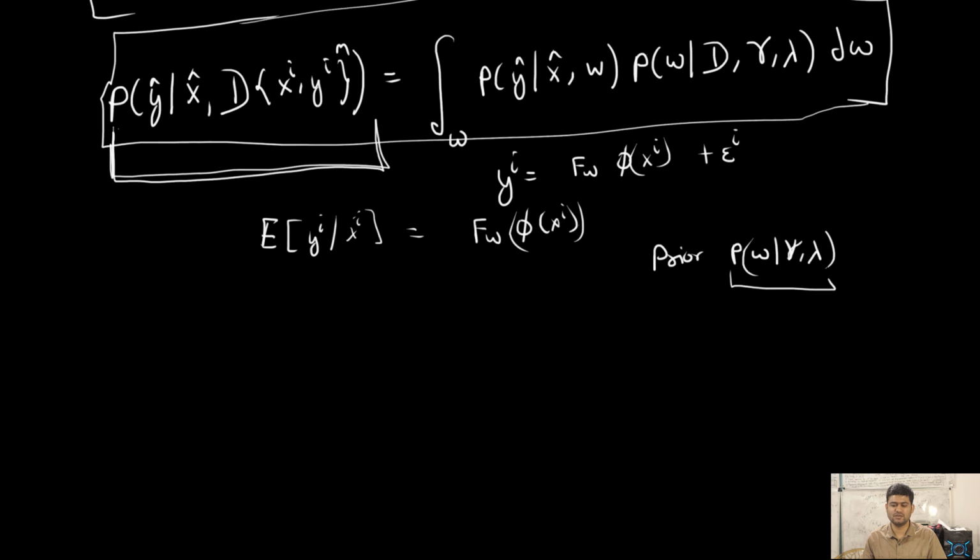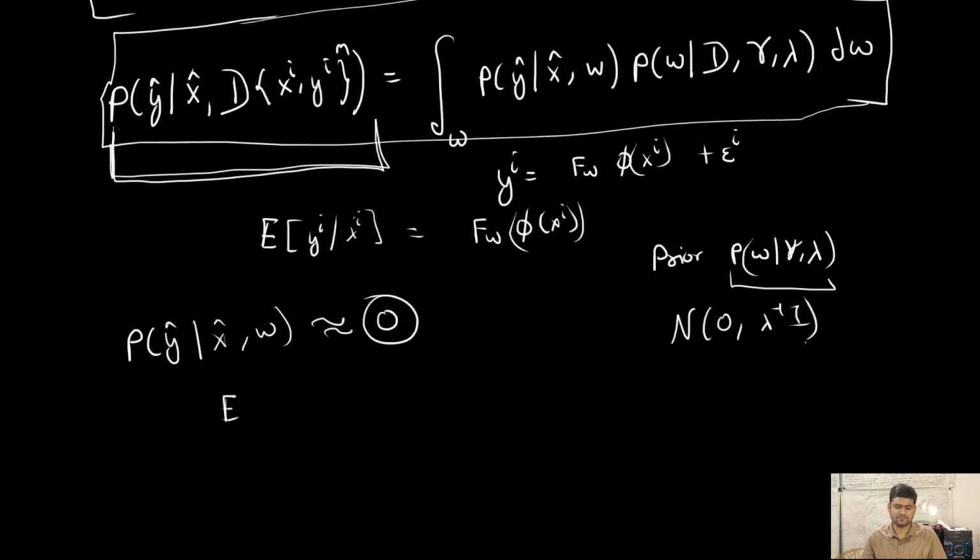Given that this is the only distribution that we have, let's assume that this is a normal distribution with mean 0 and covariance lambda inverse I. Then, if we don't provide you any data and this is the only prior information that we have, what is the most plausible value of y hat given x hat and w? You can say that this is 0.